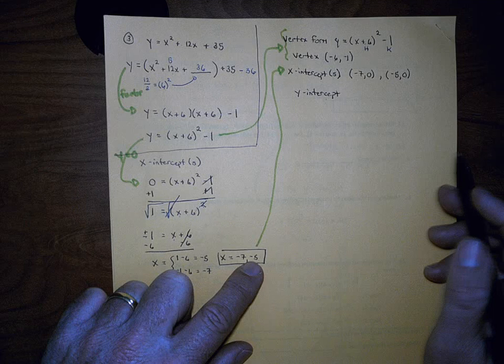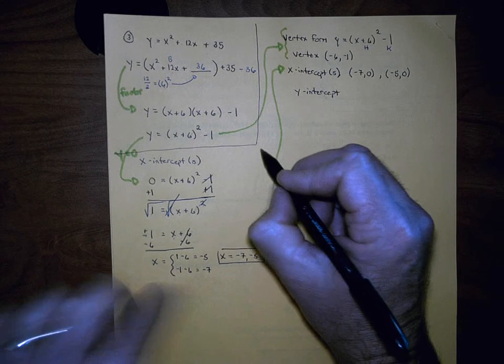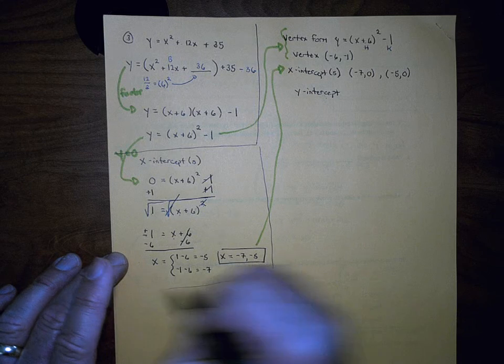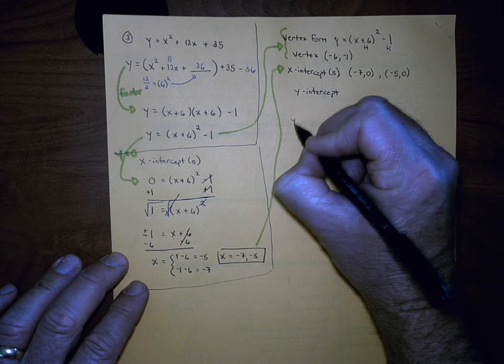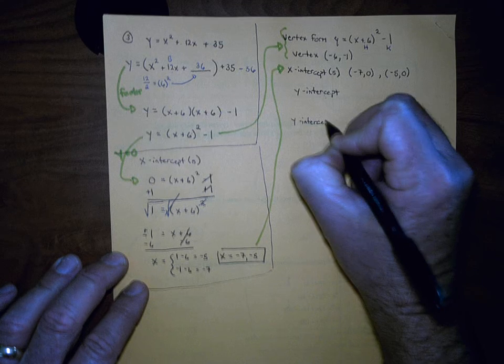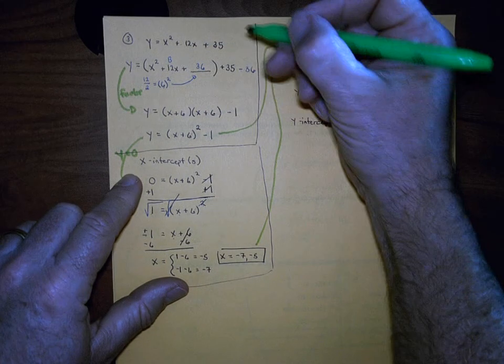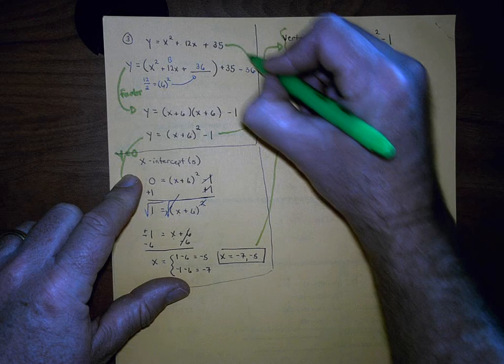Okay, then my last step is, now I'm going to find my y-intercept. So what's probably the easiest way to find the y-intercept? You go back to your original equation in standard form. There's a lot of lines going around here.